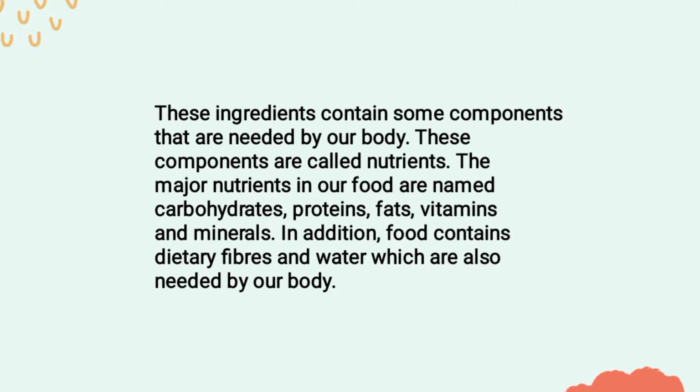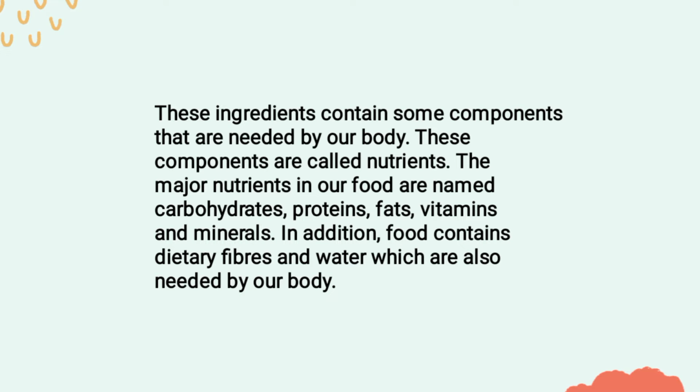So why are all these ingredients added to a dish? All these ingredients contain some components which are necessary for our body. That is why all these ingredients are added, so that our body can get all the required components.